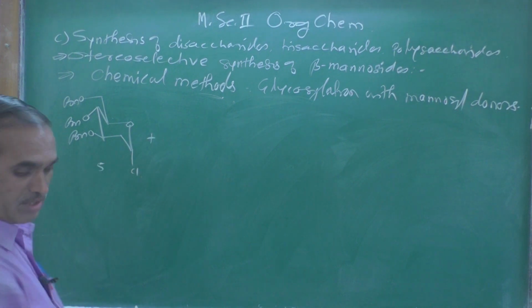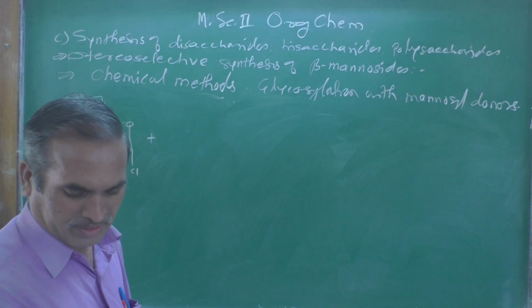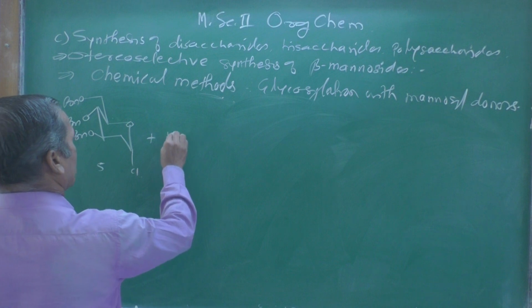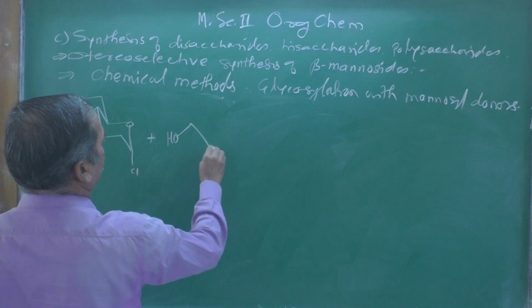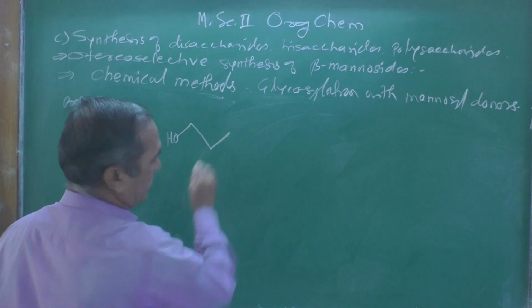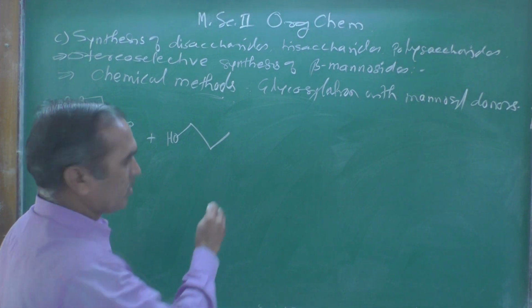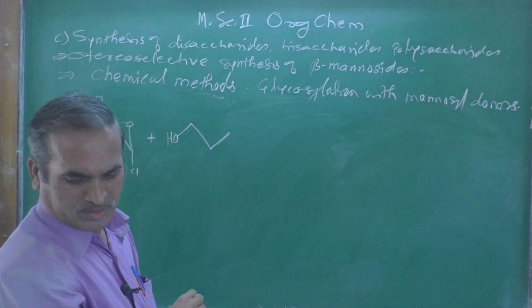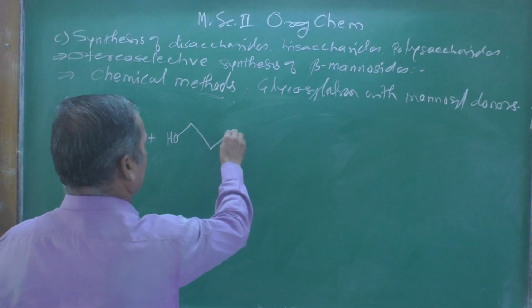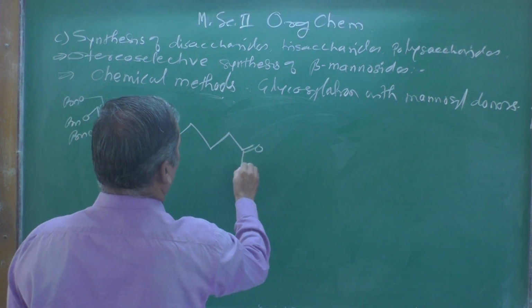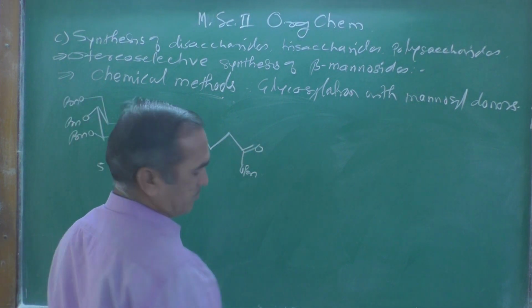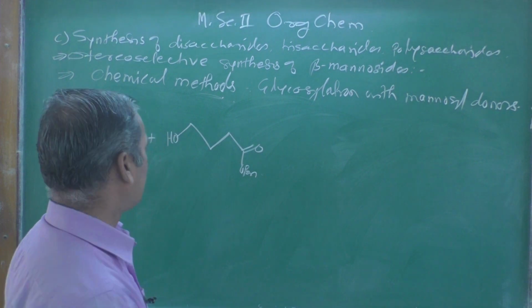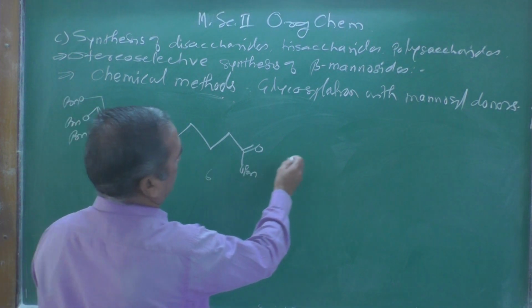Structure number 5 will be treated with this reagent HO, then you will see over here C double bond O, OBn, and this is structure number 6.